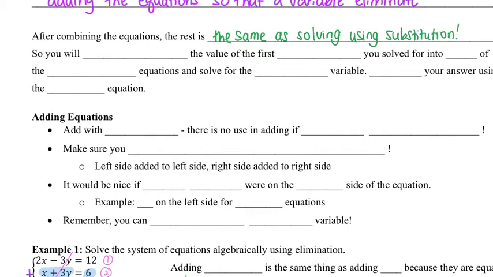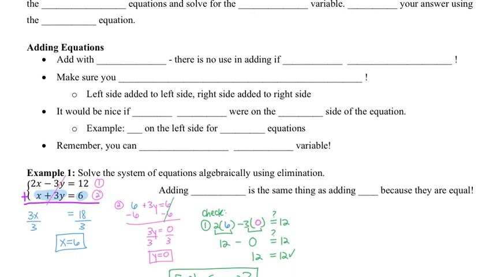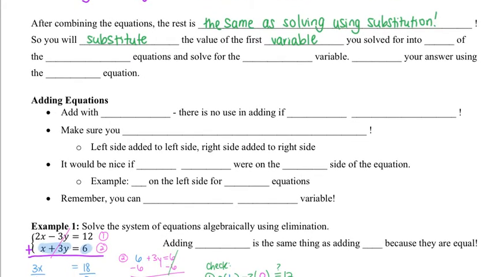Which is awesome. All right, so you will substitute the value of the first variable that you solved. After you eliminate a variable, you solve for the variable, just like we eliminated y by adding, and then we solved for x here. Once we solve for that, we're going to substitute it into one of the original equations.